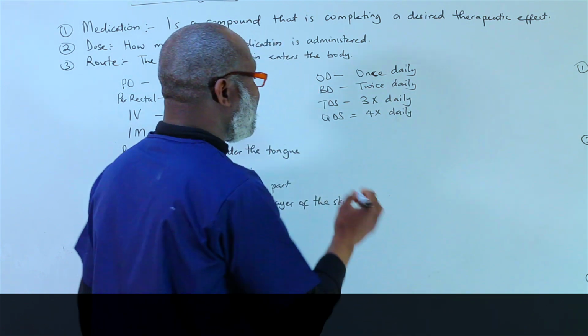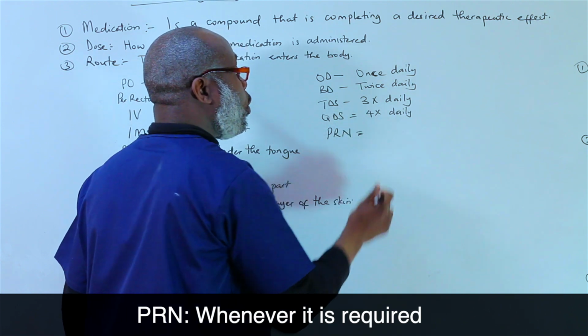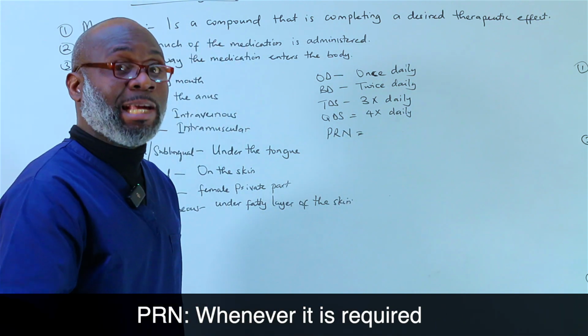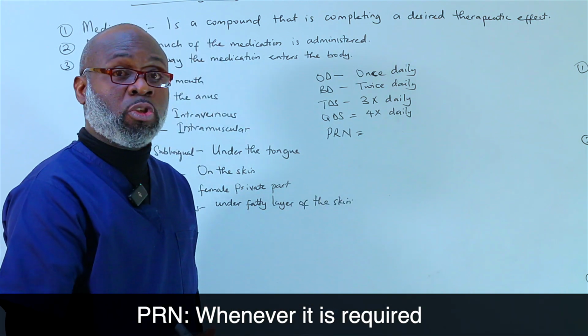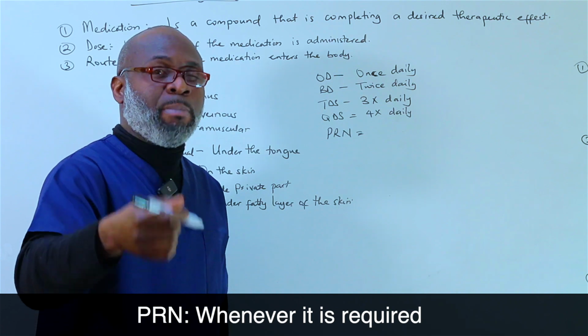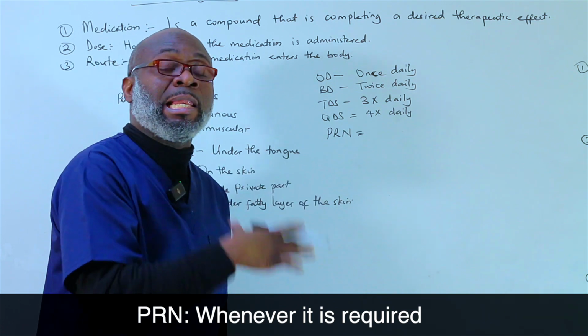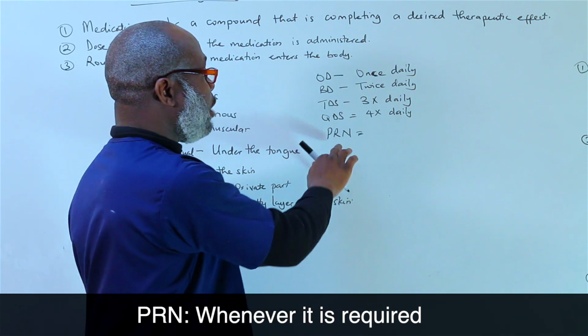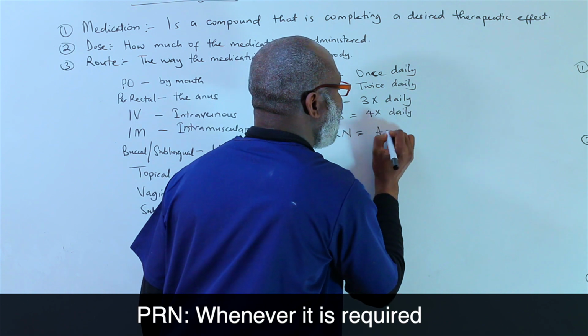Then there's one we call PRN. That can only be given when required. It can be a pain medication that they don't just give until the patient asks, oh, I need this because I'm having pains. It might not be a regular medication, but it can be written PRN, that is as required.